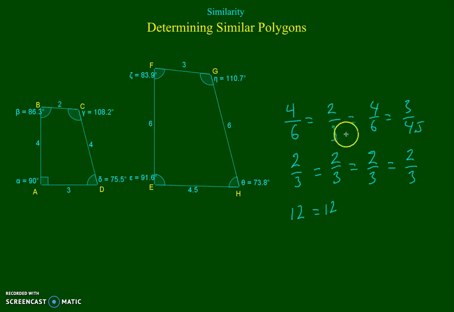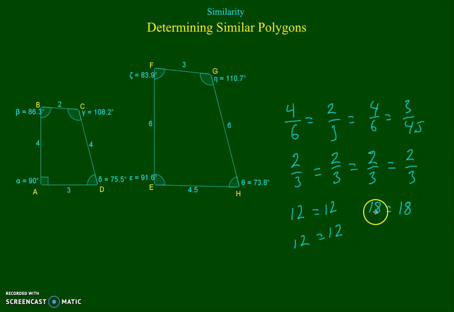We can do the same with this. 6 times 2 is 12, and 3 times 4 is 12. And across here, we can say 6 times 3 is 18, and 4 times 4.5 is also 18.